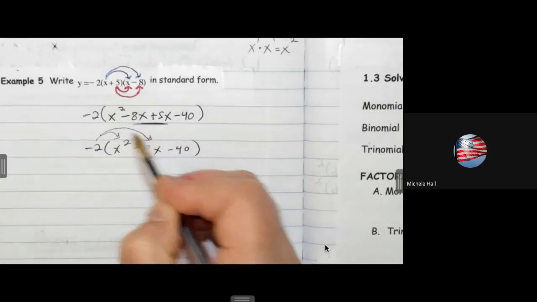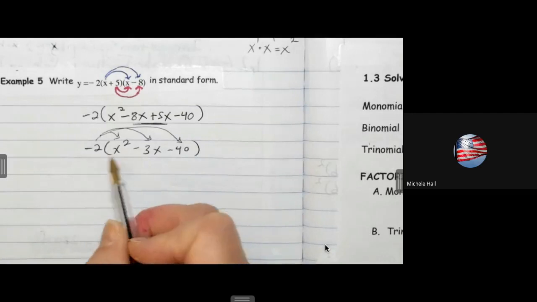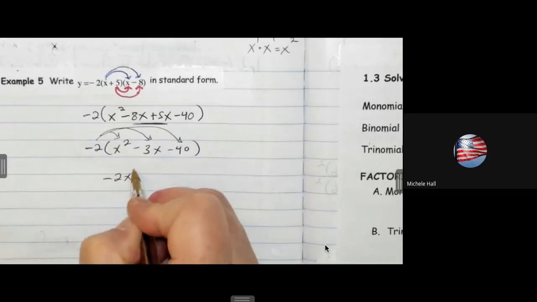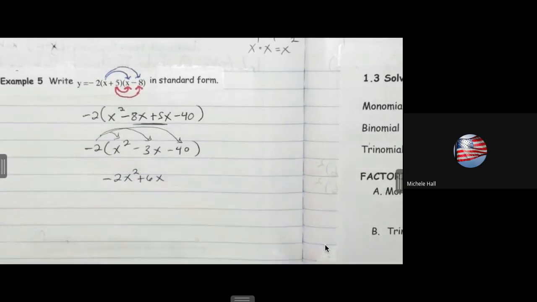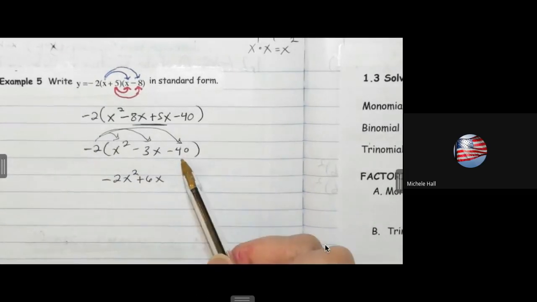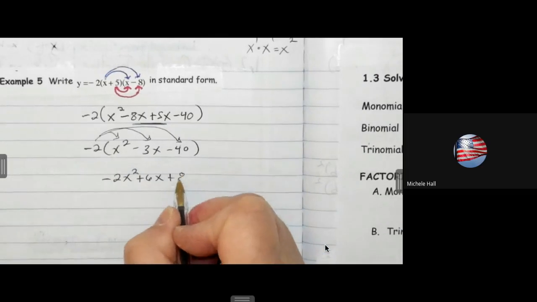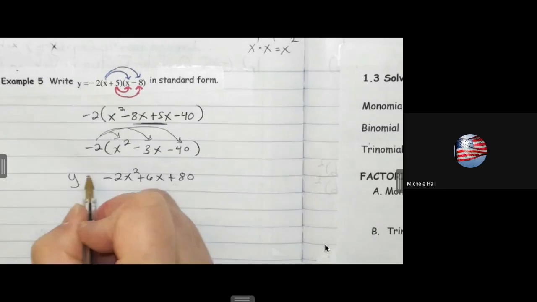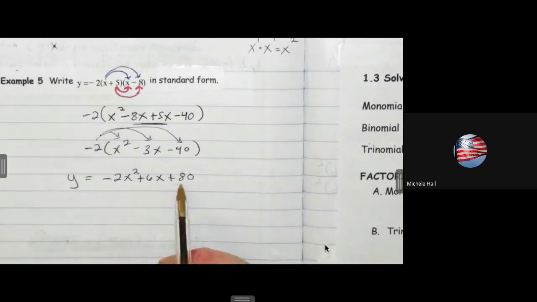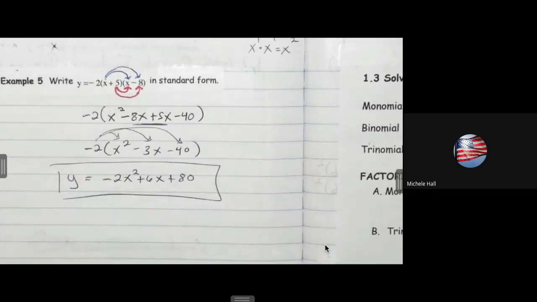There's 3 terms on the inside. So -2 times x squared is -2x squared. -2 times -3x is positive 6x. -2 times -40 is positive 80. And that would be y equals ax squared plus bx plus c in standard form.